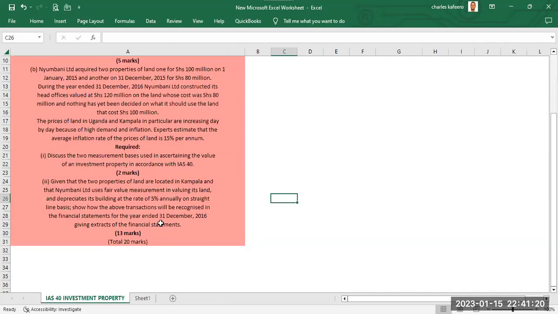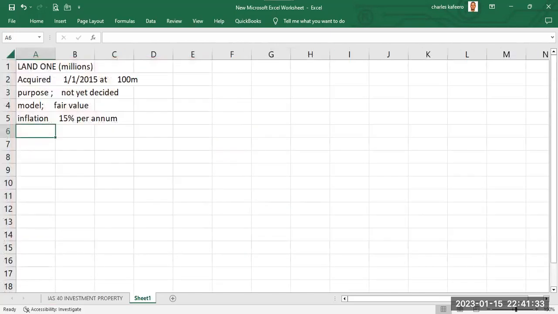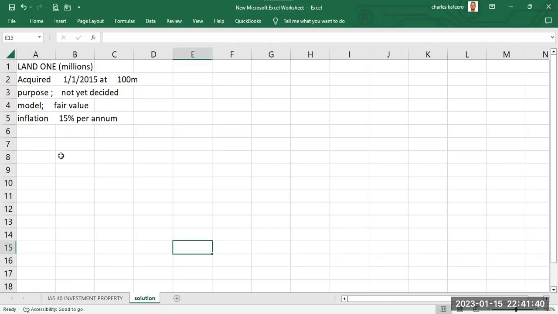But when you try to look at this question, the question says we are looking for the financial statements that are for the year ended 31st December 2016. When you try to look at this, you see that this asset was bought on 1st January 2015.